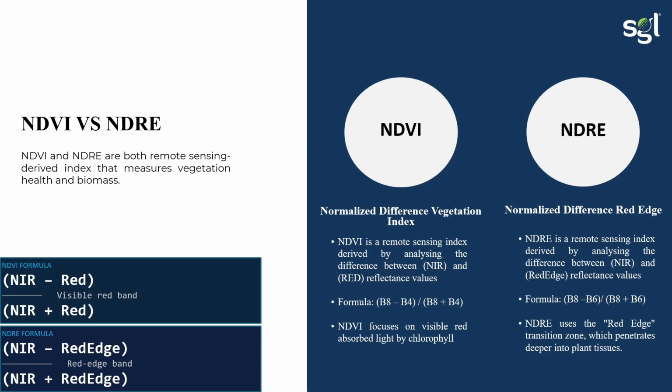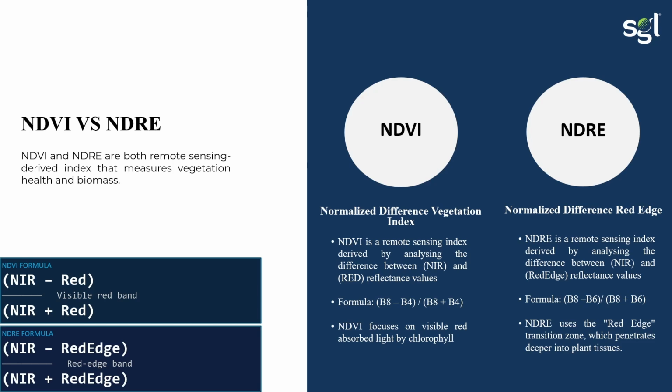While for NDRE, when you analyze the near infrared and the red edge band, the output you get is the NDRE map. But it's also important to know that for your NDRE, you can only carry out this analysis using Sentinel images, because Landsat images do not have the red edge band. So you only do that with your Sentinel imagery.